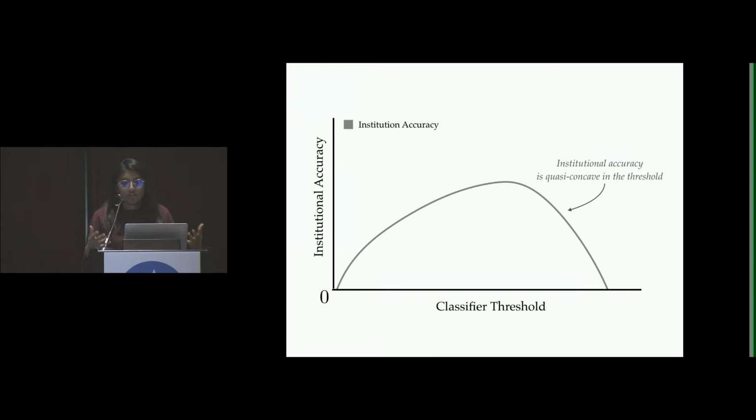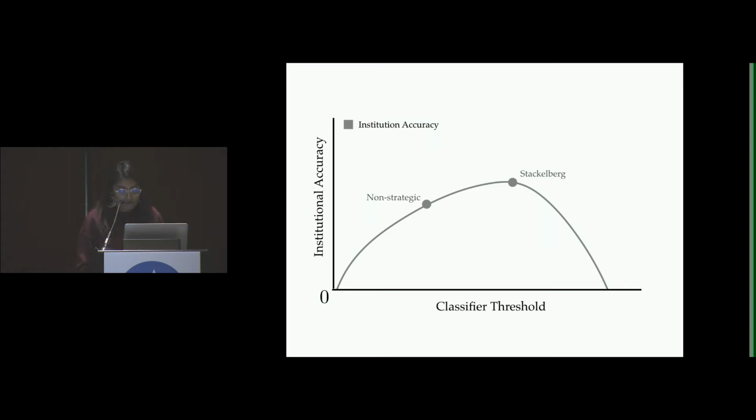And to get a feel of what this curve is really saying, let's just walk along it from left to right. So first, we have a point here that is the non-strategic optimal. This is what the institution would do if no one were being strategic. Then, as the institution increases their threshold, their accuracy increases until the maximal point, which is the Stackelberg equilibrium.